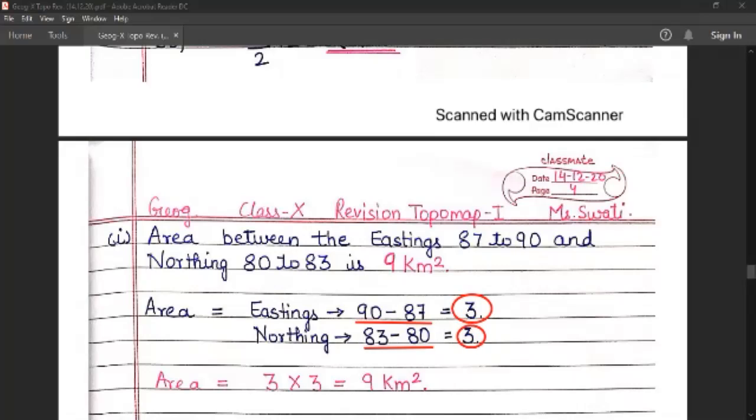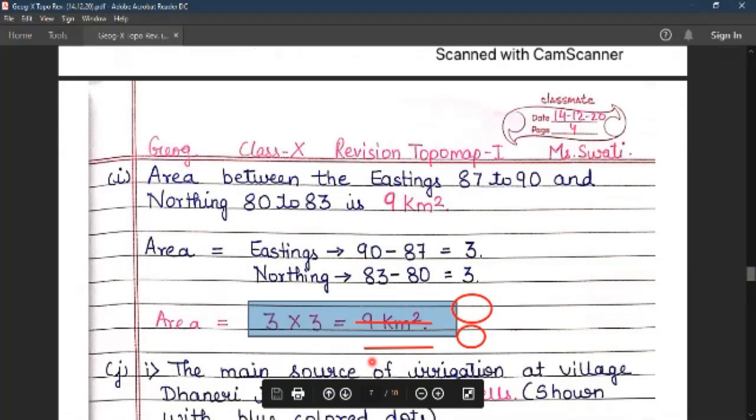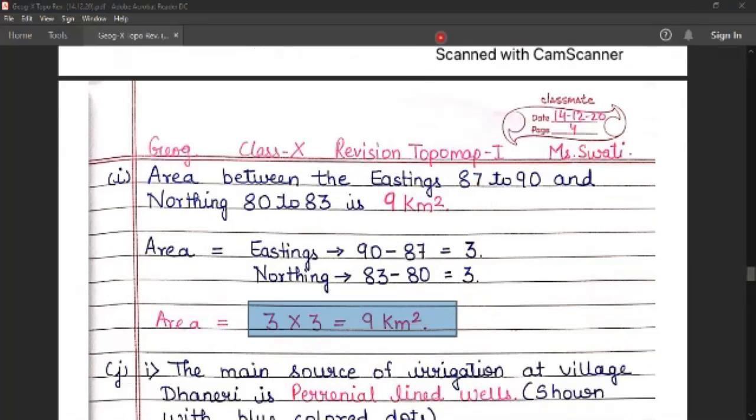At last, we are going to multiply both the numbers. So here, as you can see, 3 multiplied by 3, which becomes 9 kilometer square. So you have to be very careful that you are going to mention the units properly.